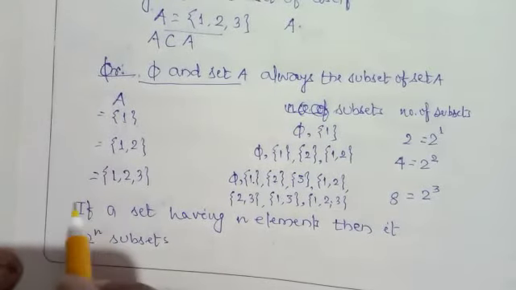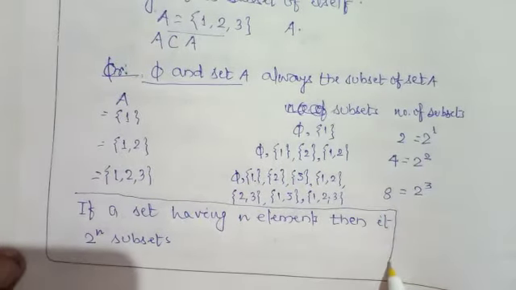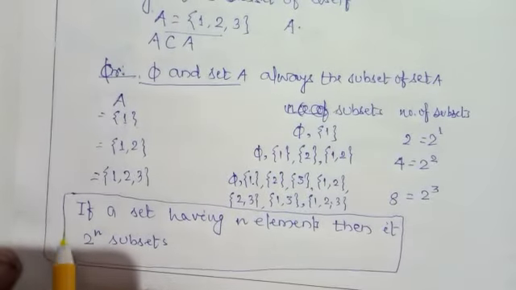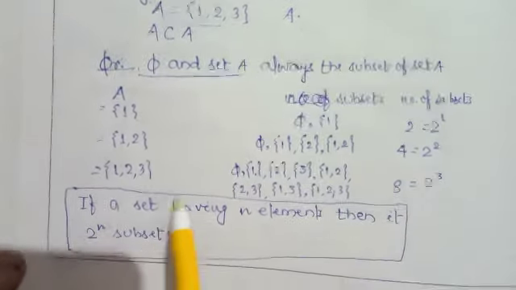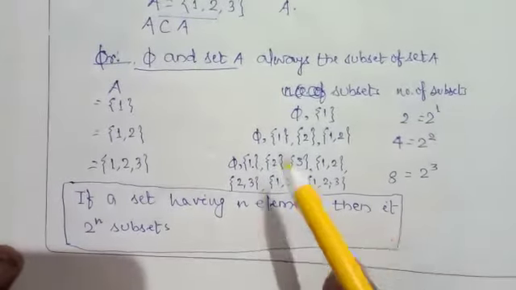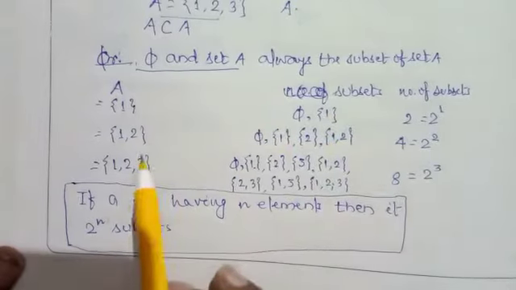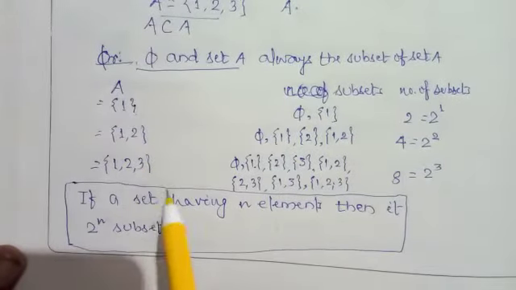This is one of the very important results: a set having n elements has 2 to the power n subsets. If asked anywhere, you should prove it like this, and this method is called the mathematical induction method.